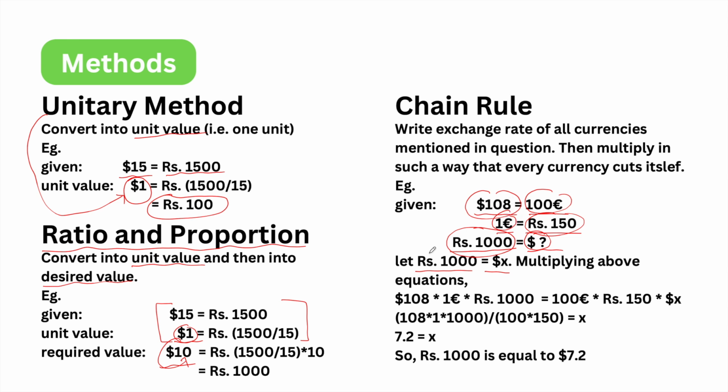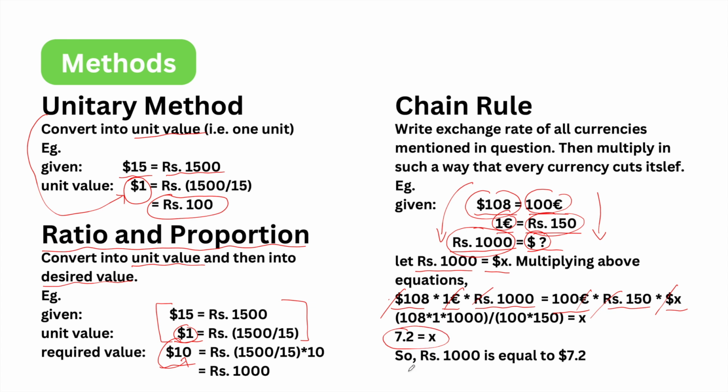What I mean to say is, if we multiply $108 with 1 euro with 1000 Nepalese rupees, this is from the left side, with 100 euro, 150 Nepalese rupees and X dollar, that is from the right side, then the dollar will cut off the dollar value of the right side, euro will cut this euro and Nepalese rupees will cut this Nepalese rupees. So each currency will cut each other, and by solving we find the value of X.